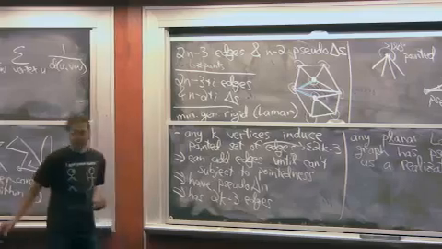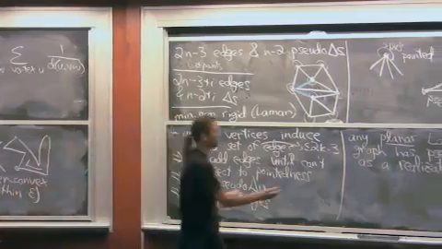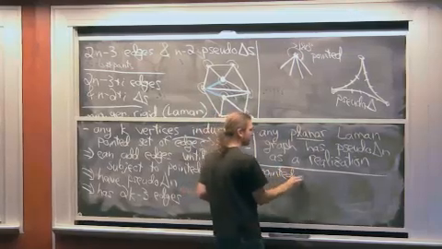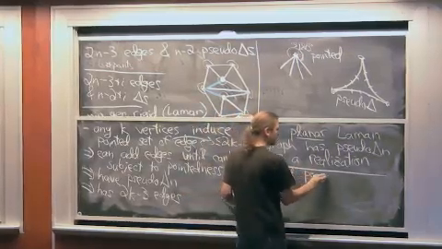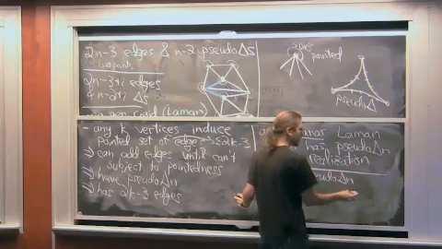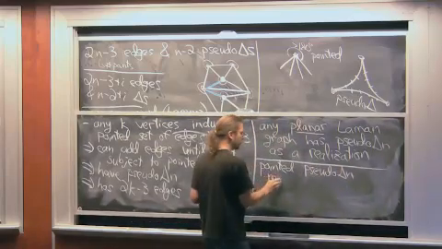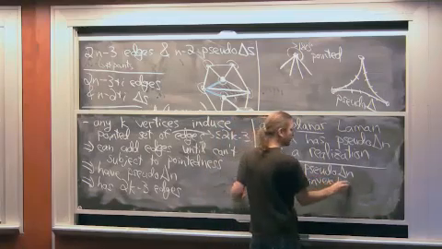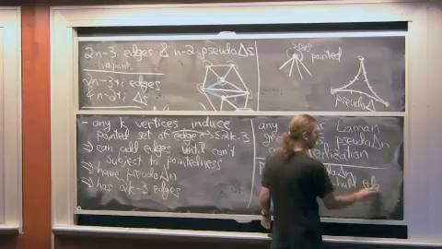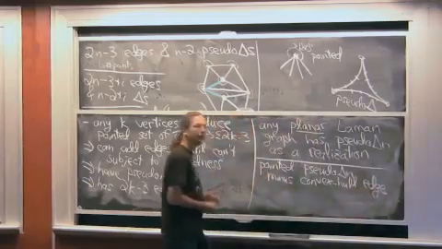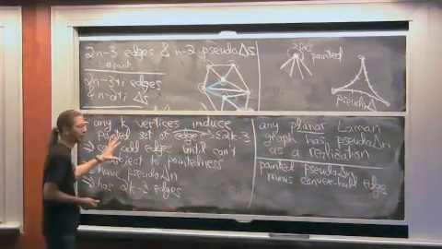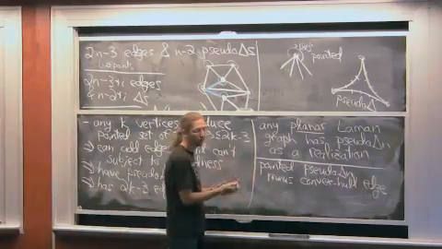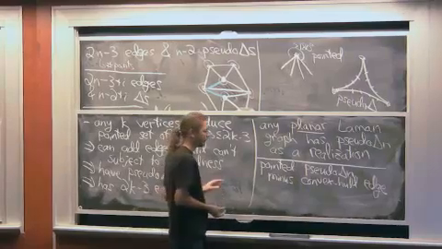But what we claimed is that if you remove a convex hull edge, so if we take a pointed pseudotriangulation, and then we remove a convex hull edge, we, of course, get something that's flexible because we were minimally generically rigid. So if you remove an edge, you will now be generically flexible. It turns out you're not only generically flexible, you are actually flexible for at least a little bit of time.